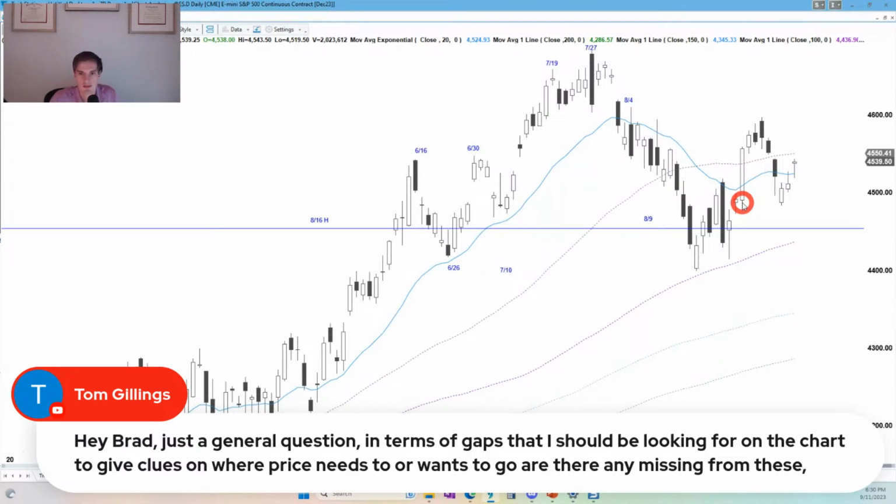Okay, so Tom Gilland, you're asking just a general question in terms of gaps that I should be looking for on the chart to give clues on where price needs to or wants to go. Are there any missing from these? I'm not exactly sure the question you're asking. Let me take a look here.